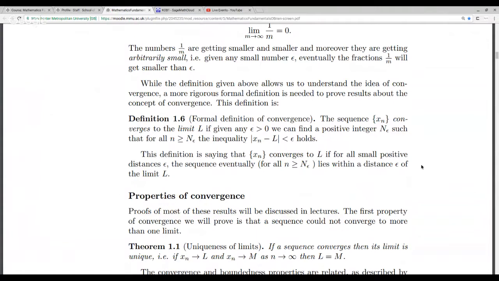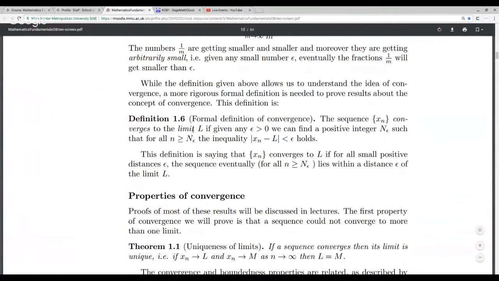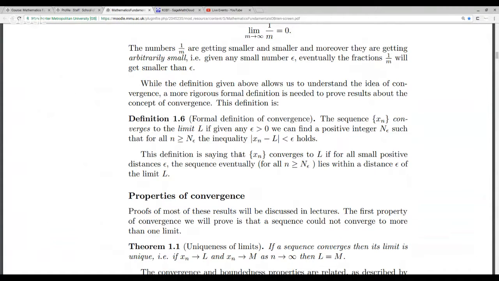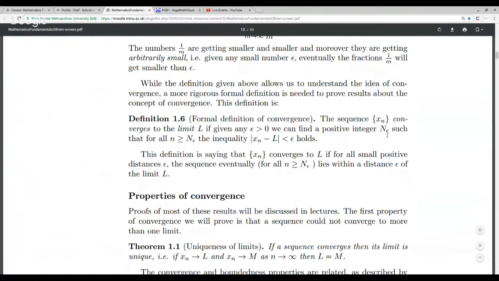Okay. So this is the formal definition. So this is what we're going to mean when we say that the sequence xn, so remember the curly brackets xn means the sequence as a whole, the whole sequence xn converges to the limit L if the following is true. Now this is the Greek letter epsilon that we see here, and this is traditionally used for this quantity. So the formal definition is, if given any value of epsilon greater than 0, we can always find a positive integer N. Now the subscript epsilon on N is indicating that N has a dependence on epsilon.